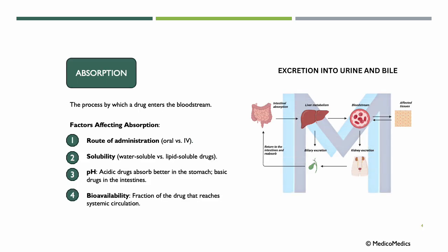So the diagram here illustrates the first step, which is absorption, the process by which a drug enters the blood from its site of administration. Now, after, for example, oral administration, the drug travels through the gastrointestinal tract and must cross several biological barriers before it reaches systemic circulation.